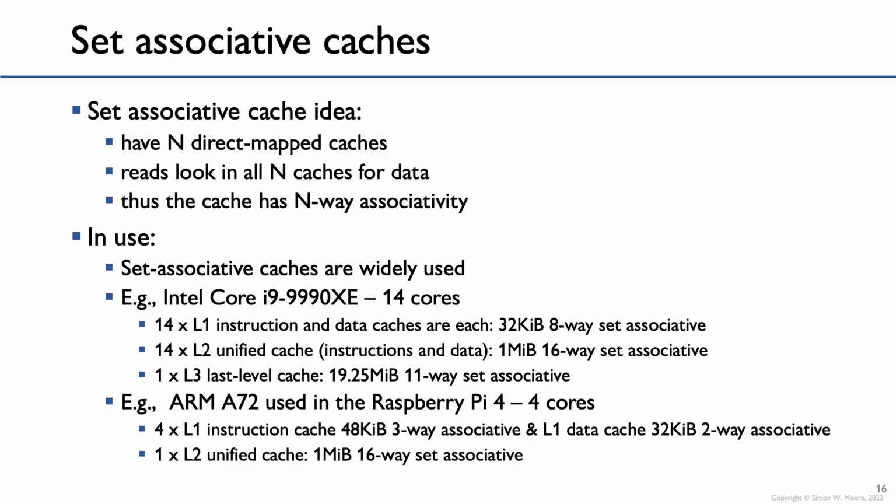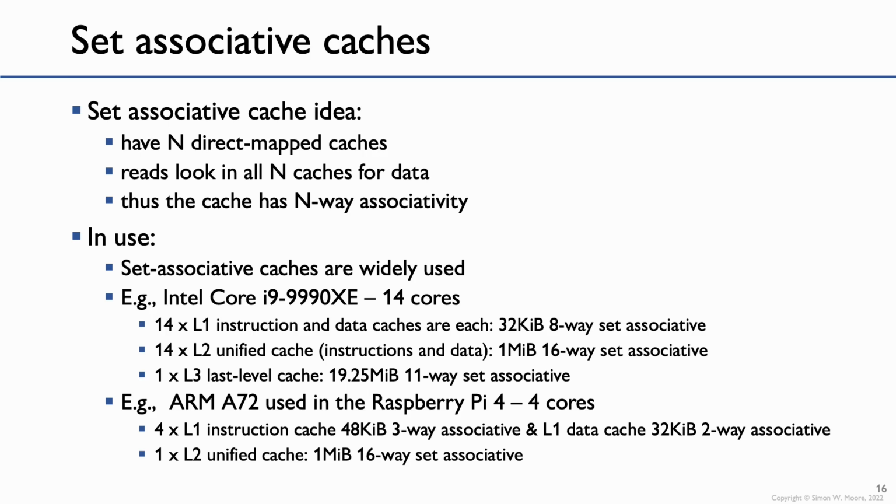Logically, a set associative cache is basically made up of some number n of direct mapped caches. On a read, we look in all n caches for data, and thus the cache is n-way associative, because there are n places where we could store the cache line.